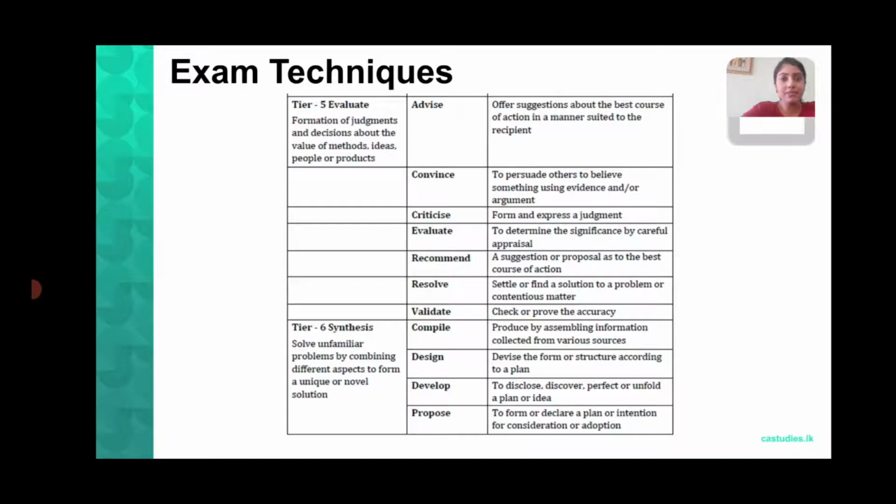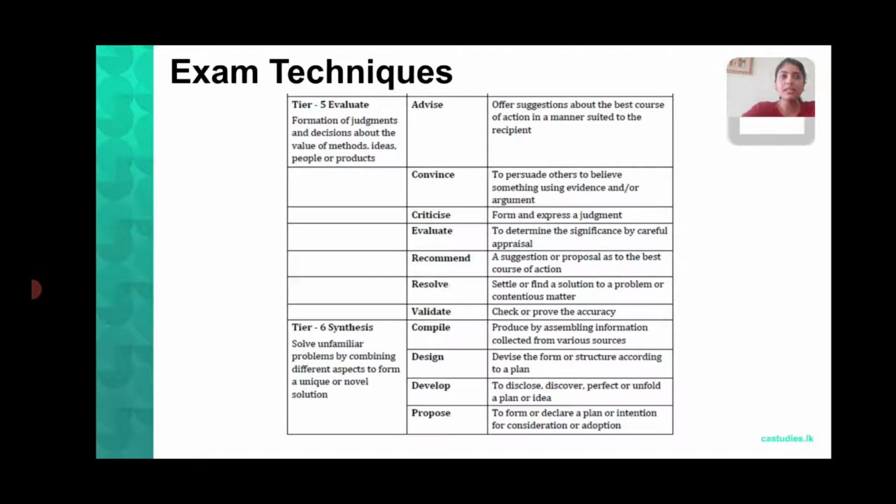Next is convince. Convince is persuading others to believe something using evidence. Always have a backup if you are to convince another person to follow your method. Alright? Next is criticize. Criticize means you need to form negative judgments, positive judgments and give a conclusion.